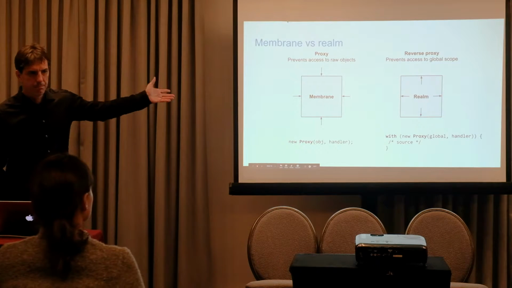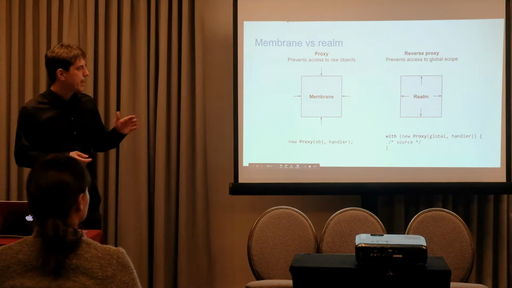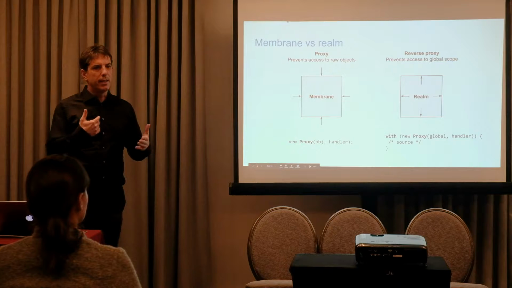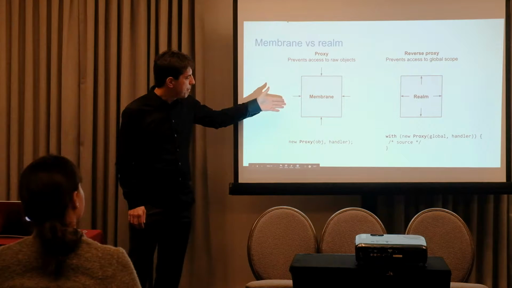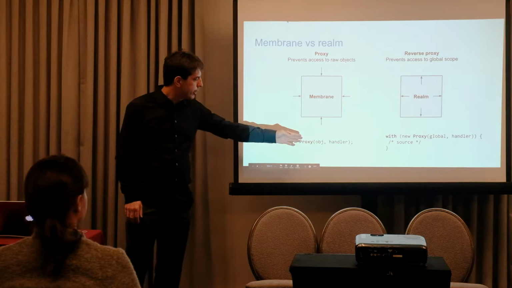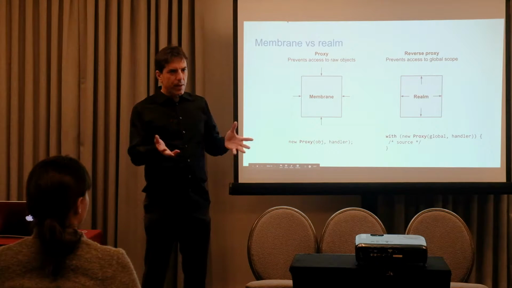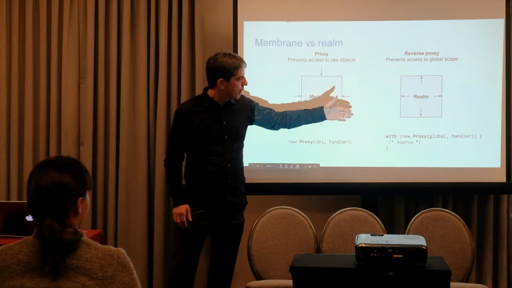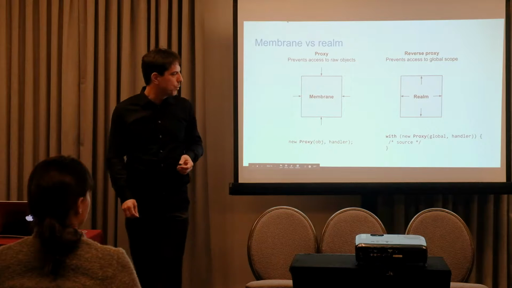So just nothing very technical, but just this idea about the membrane and the realm, how one is the opposite of the other. The proxy or the membrane, where you wrap and you attenuate the object, it's a proxy over an object, whereas the evaluator or the realm is basically a with over a proxy, so it's a reverse proxy in a certain way.